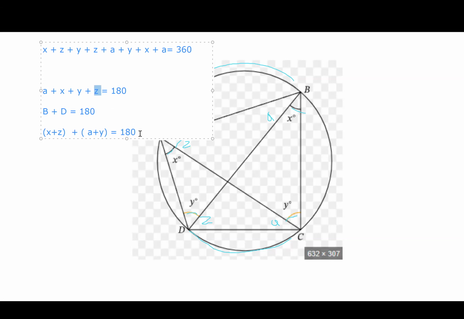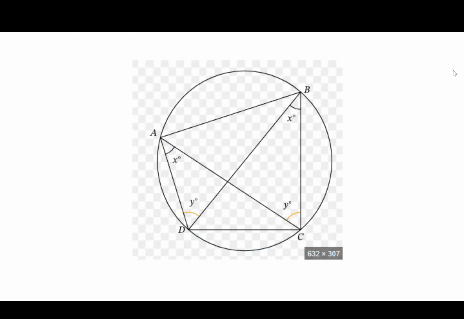And this would give me A plus C equals 180. So therefore, we've shown that the opposite angles are supplementary. So good job, Josie, for figuring this out on your own. So just moving on. Let me just delete everything. Okay.